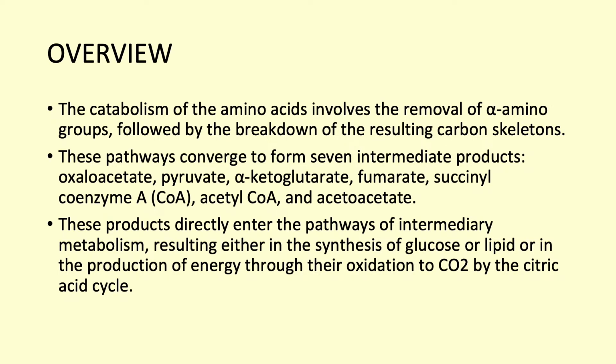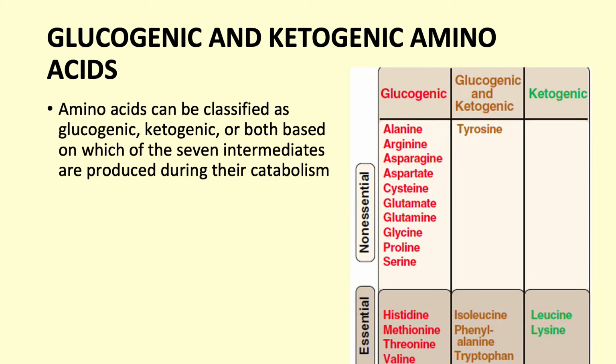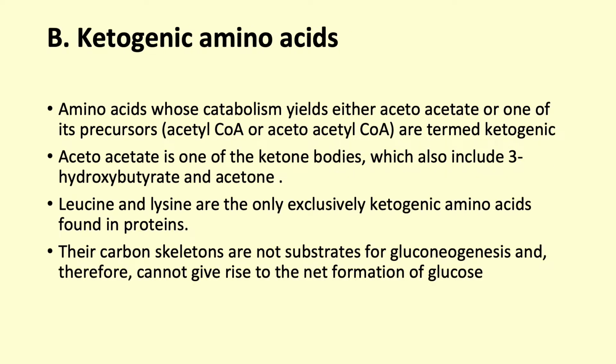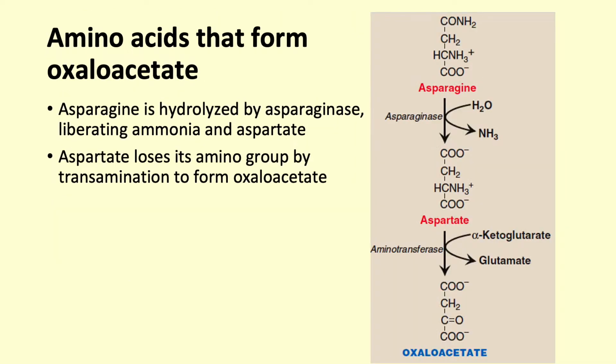If I remember correctly, previous week we started amino acid degradation and synthesis, and we were able to cover a couple of amino acids. Am I right? Good. We talked about glucogenic and ketogenic amino acids, different characteristics, and conversion of the amino group.